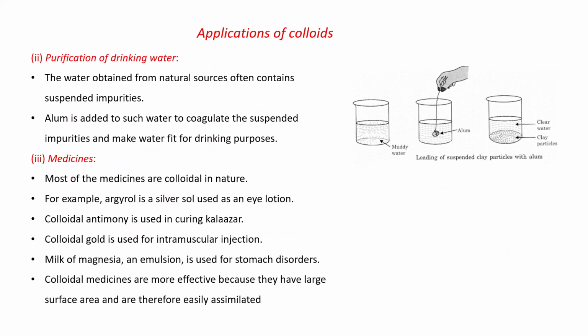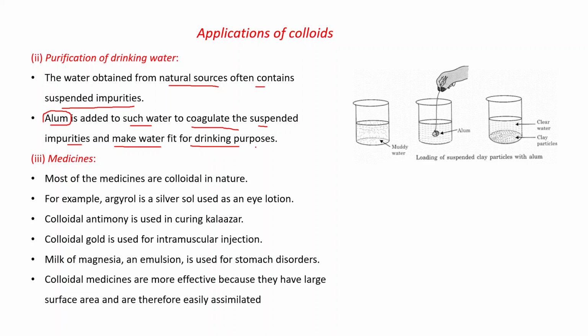Purification of drinking water. Water obtained from natural sources often contains suspended impurities. Alum, that is fitkari, is added to such water to coagulate the suspended impurities and make water fit for drinking purpose. Actually, in this case, the process of loading occurs. Alum is a double salt, about which we will discuss later on.